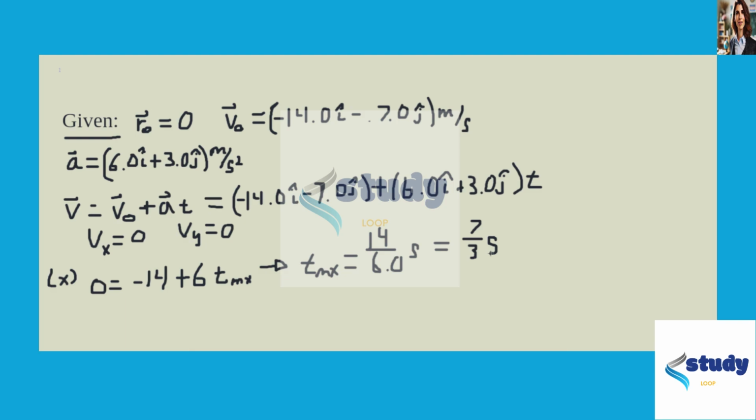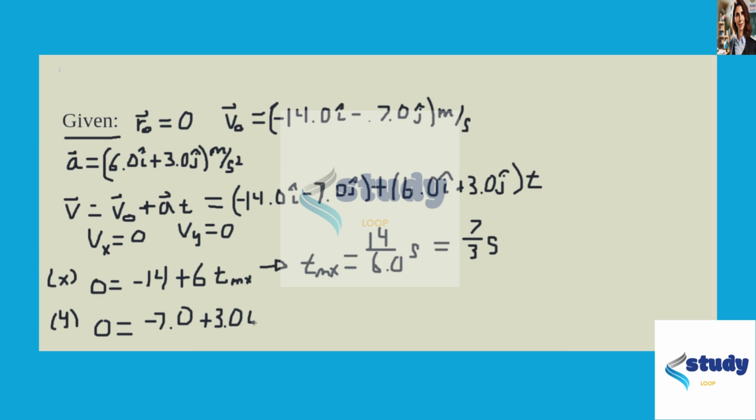Okay. And now for the y part, same thing. It's equal to 0 at rest. So that means 0 is equal to the y part, which is minus 7.0 plus 3.0 times the time.